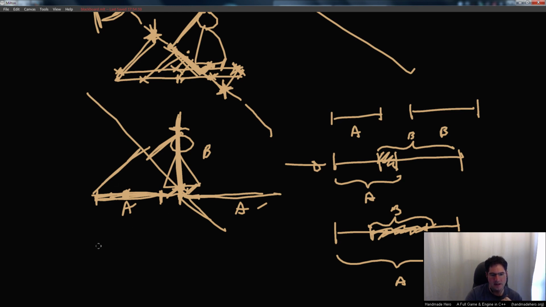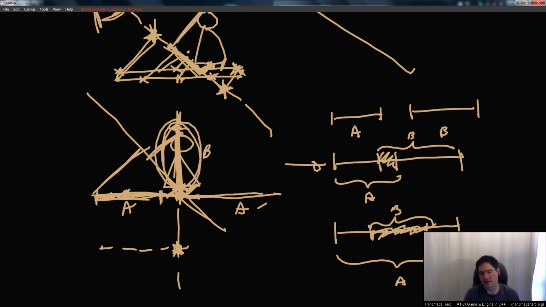Meaning, if we took the intersection of those two and looked at the z extents of this guy at the point they have in common, that would probably tell us the sort order, I would think.